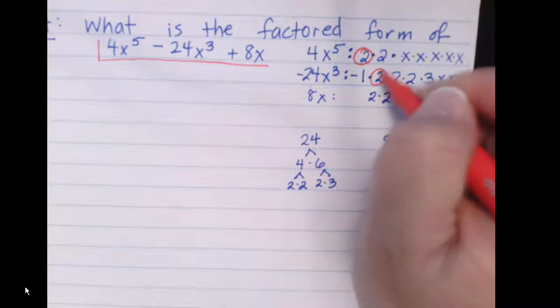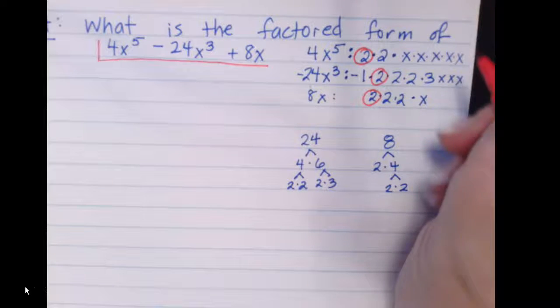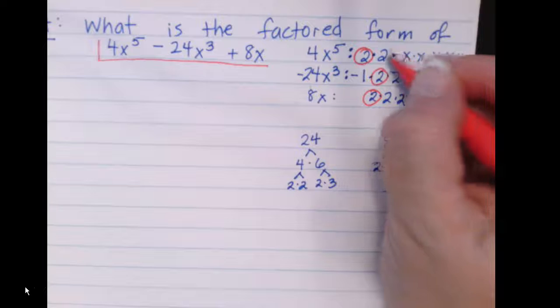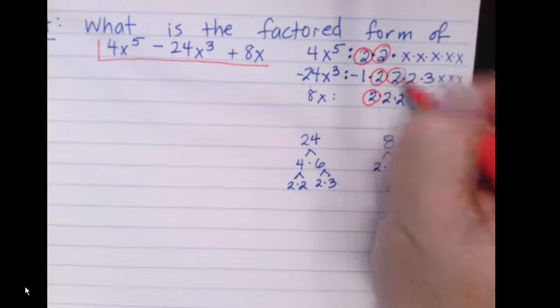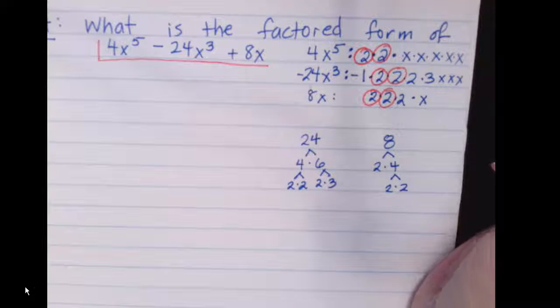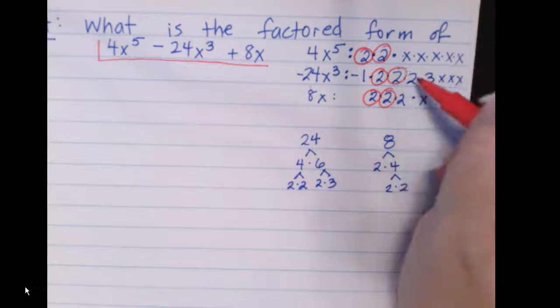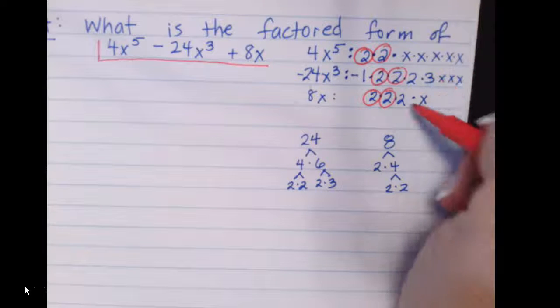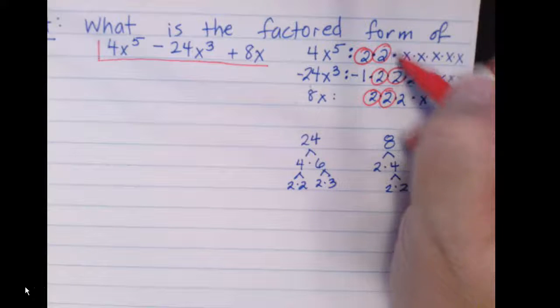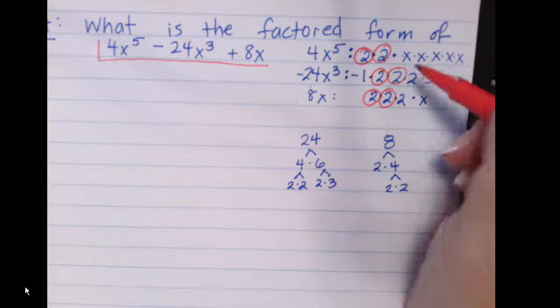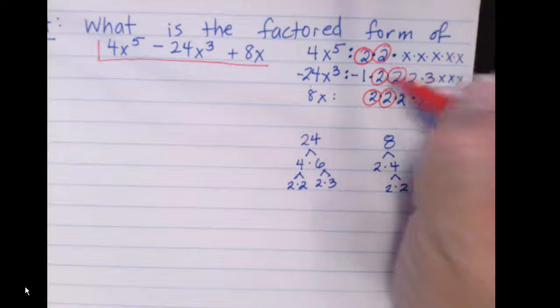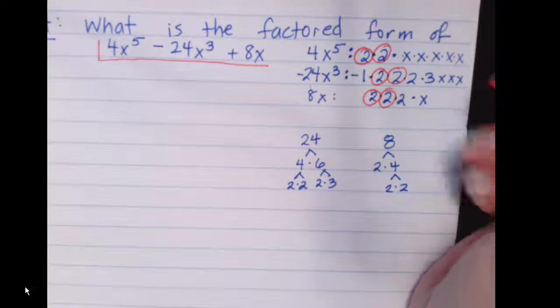Starting with a 2, they all have a 2, and now here I've got another 2 that is in all 3 of them. And then here I've got another 2, a 3, down here's a 2, but I'm all out of 2's up here. So for the number part, 2 2's is going to be it.